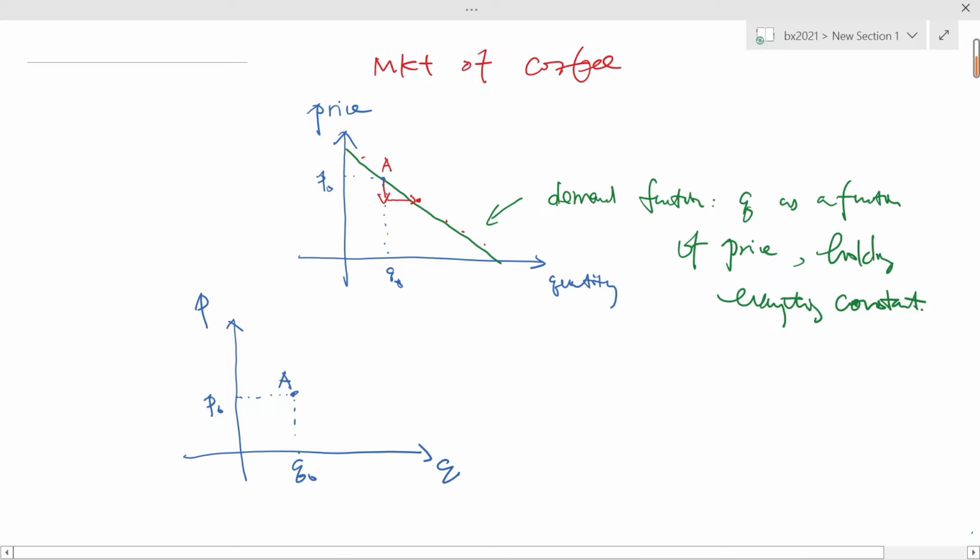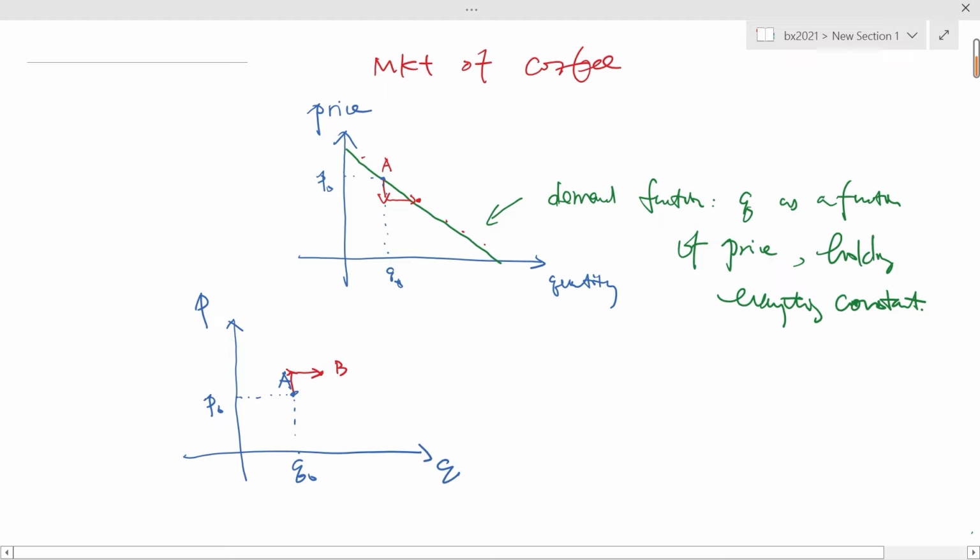What's going to happen if the price increases? The price of coffee goes up. Everything else being equal, the coffee shop will increase the supply of coffee. So we reach point B.